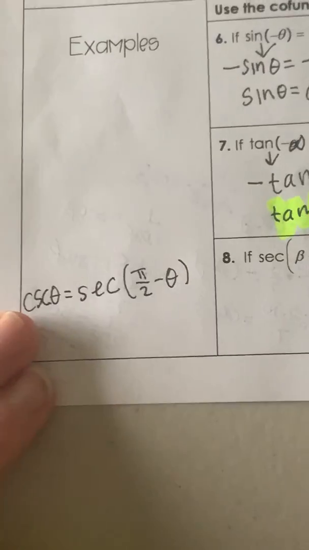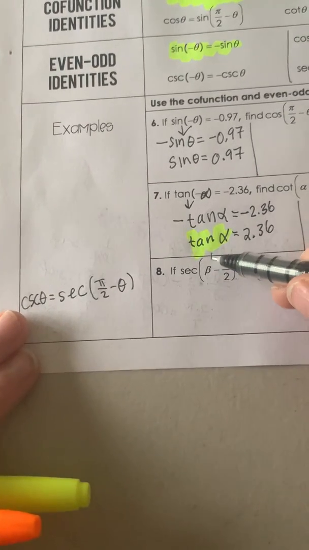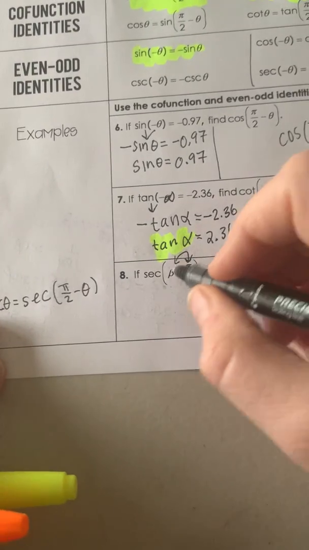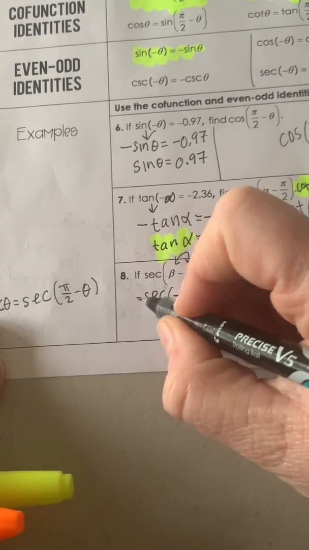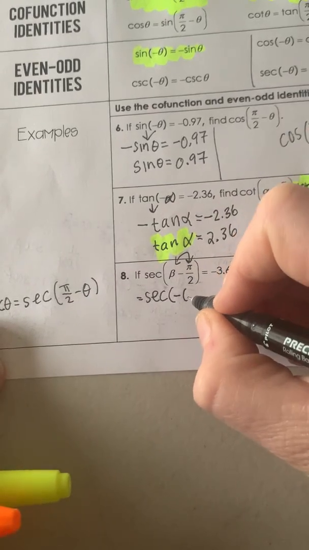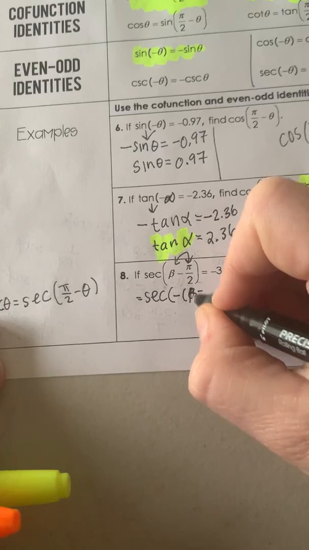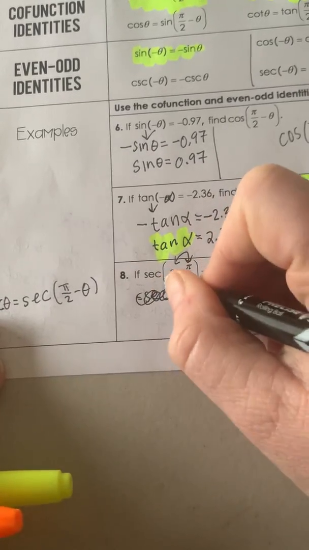That was given to us, and we want to get cosecant out. But these are mixed up from our rule. So we're going to have to do the same thing here. Secant, this is equivalent to secant of negative beta minus, oh shoot, I wrote the same thing. Okay, so we're going to change this.